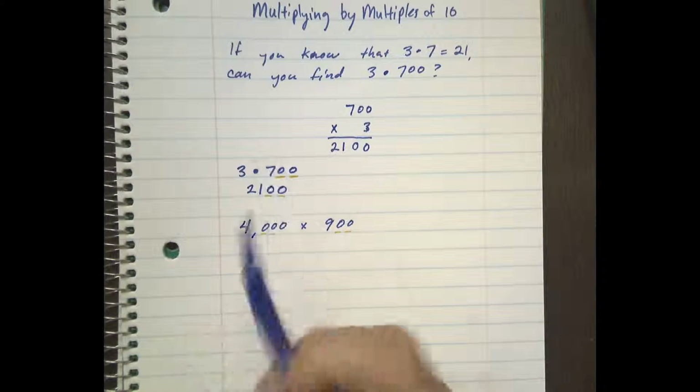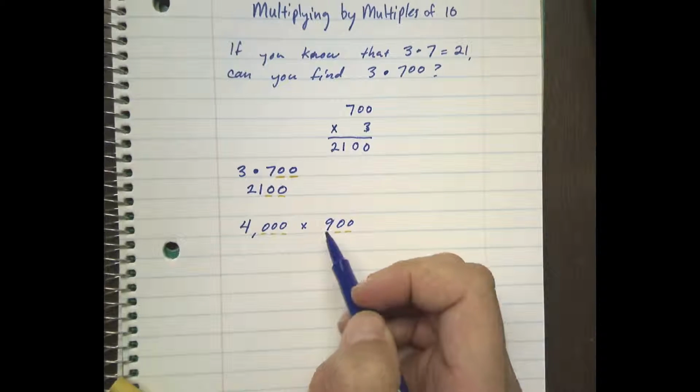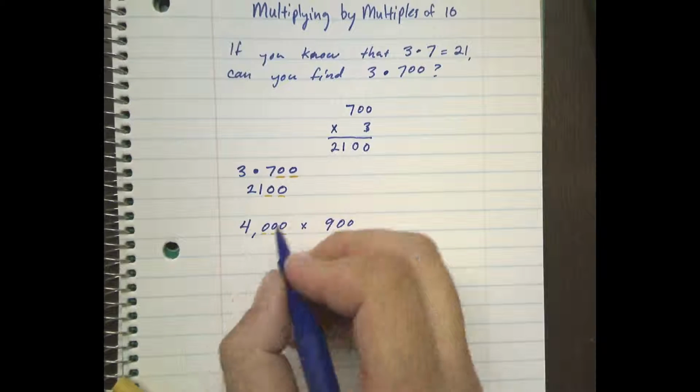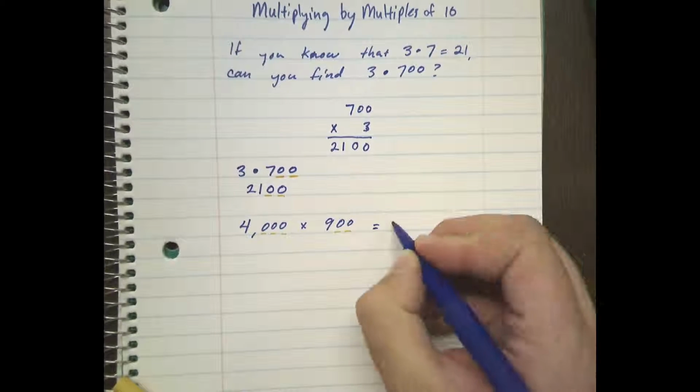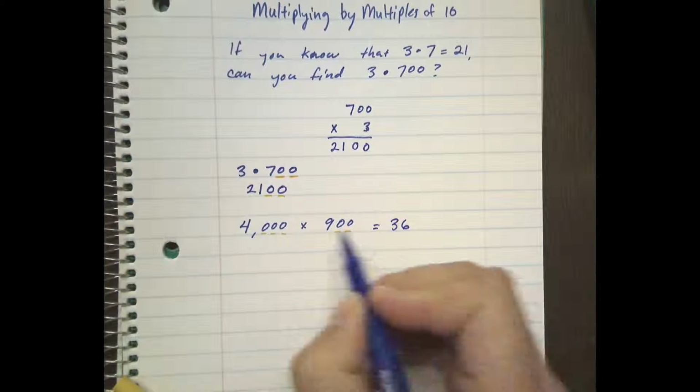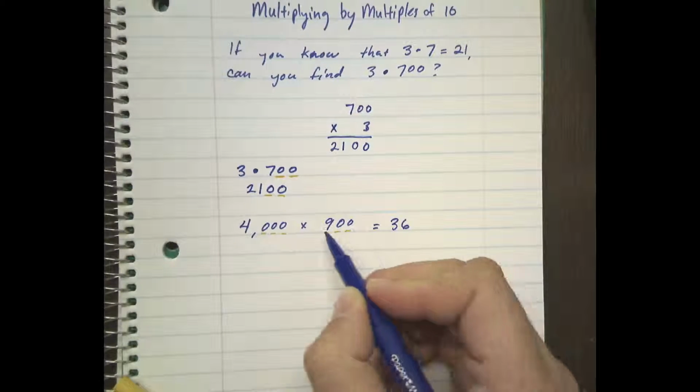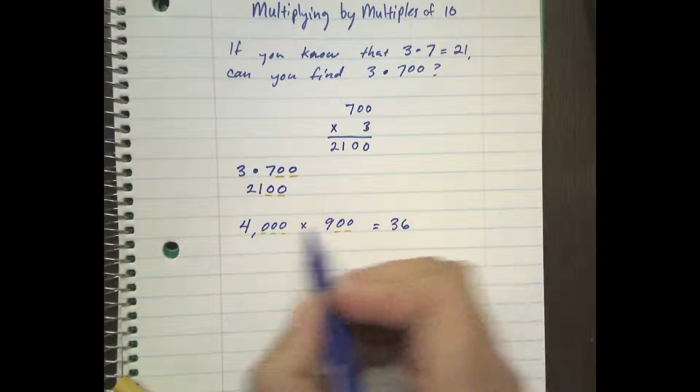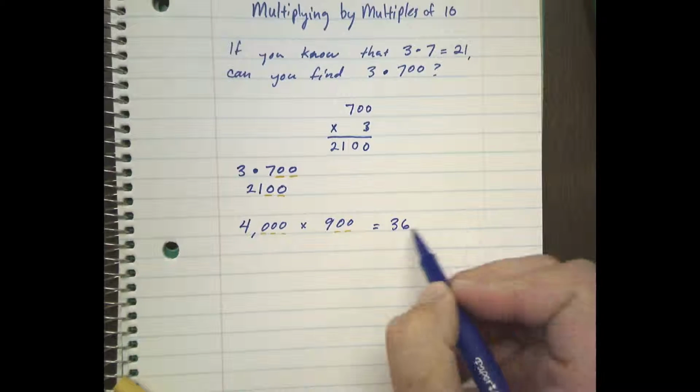And so 4 times 9, I know from my multiplication tables, equals 36. And so now for 4,000 times 900, I'm just going to put those zeros after my 36.